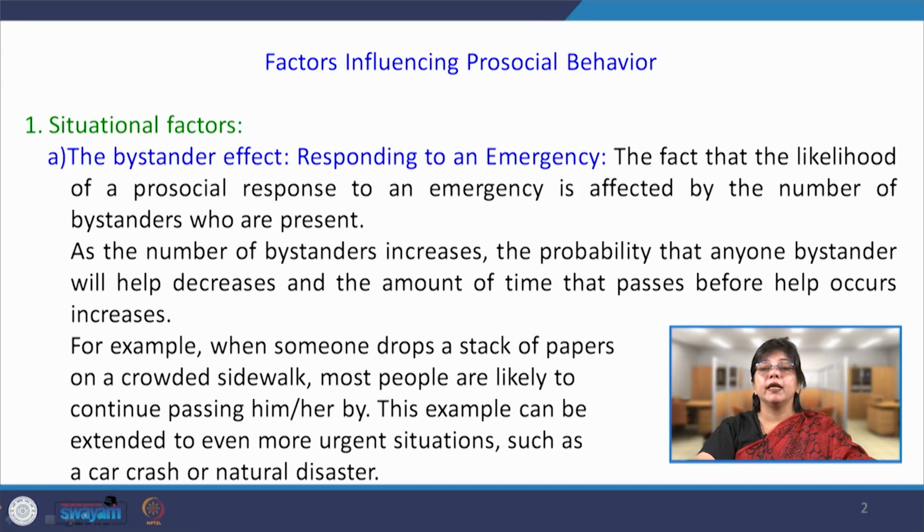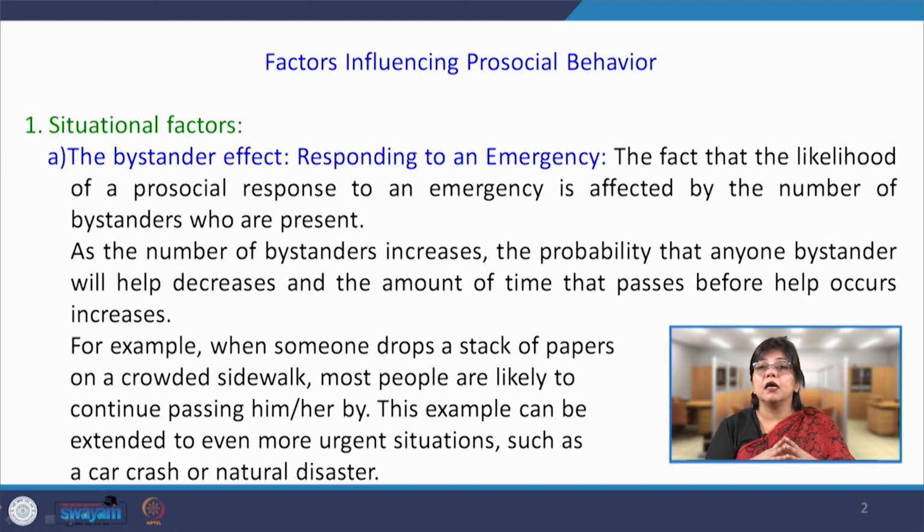As the number of bystanders increases, the probability that any one bystander will help also decreases, because one bystander would think that another person would help, then the second would say the third would help, the third would say the fourth might help. Under such circumstances, people tend to diffuse their responsibility onto others, and there is no knowledge about the event or how the person can be of any help to the person who has met the accident.